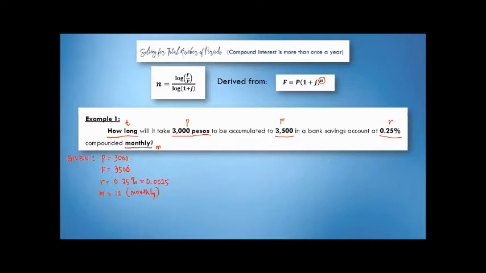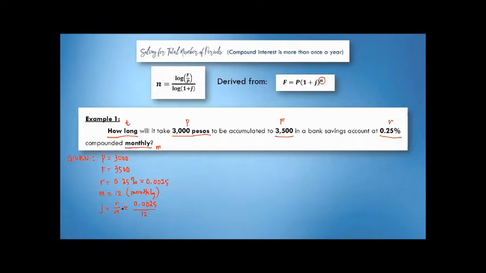Now, aside from this given, kailangan pa natin ng value ng j. Then, pwede natin siyang makompute. Ang j ay r over m. So, that is 0.0025 over 12.